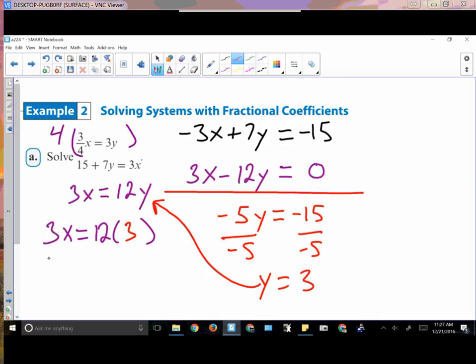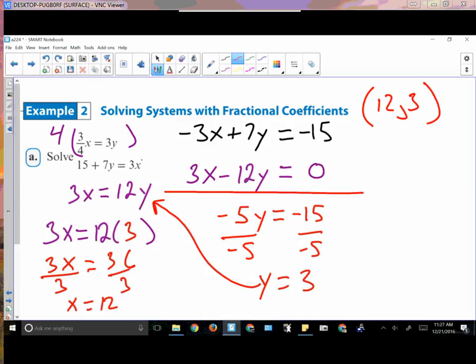So now I end up with 3x is equal to 36. Divide by 3, divide by 3, and I get x is equal to 12. So that means this is going to be 12, 3. Again, we have a consistent, independent system. So far, so good?